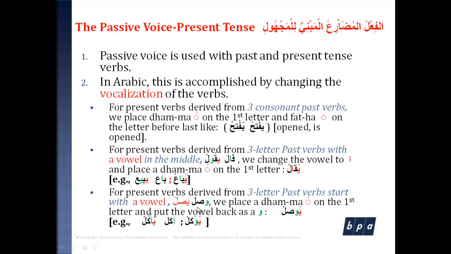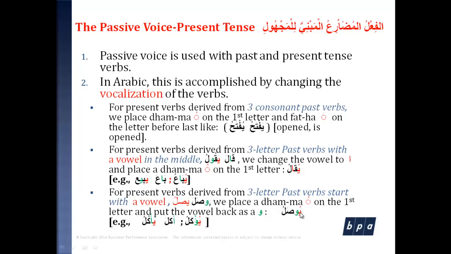So this is a little confusing, but bear with me as I explain it again. Wasala, huwa wasala, he arrived. In the present it becomes huwa yasilu, he arrives. The waw disappears and the ya takes its place. Well, when we go to the passive voice case, we put the waw back into it. So it becomes yusalu.